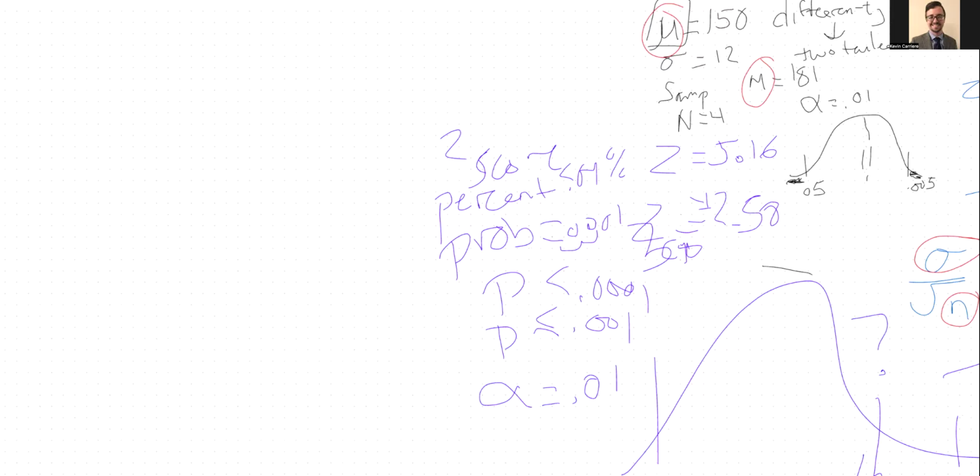Without assuming that the null is true, everything that we've been working towards doesn't appear. The math doesn't work. So we have to say assuming the null is true.